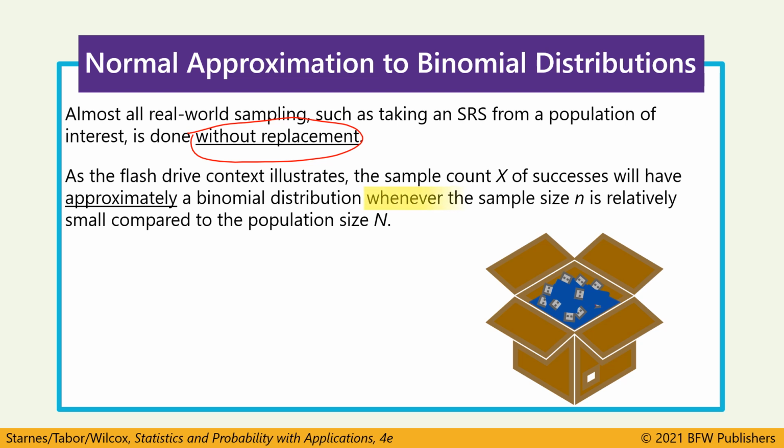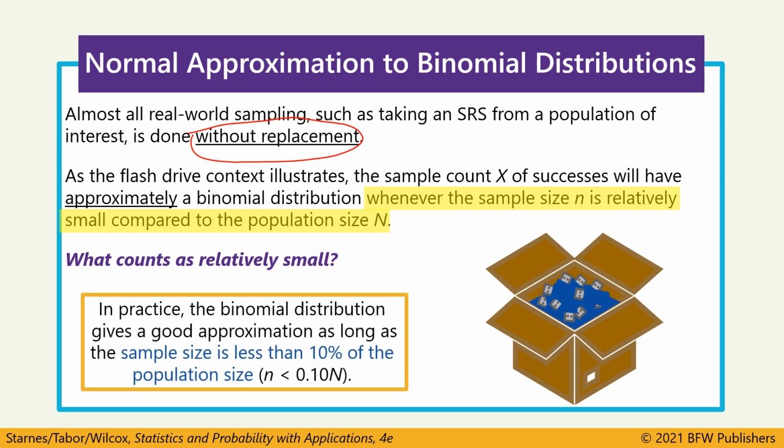However, there's a workaround. If we have a sample size that's relatively small compared to the population, we can use that to justify that condition. So what's relatively small? It's anything where n, the size of the sample, is less than 10% of the population size, capital N for a population.